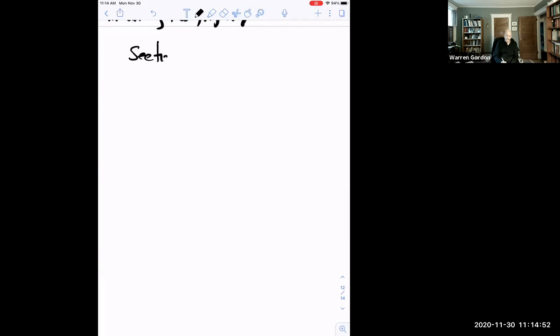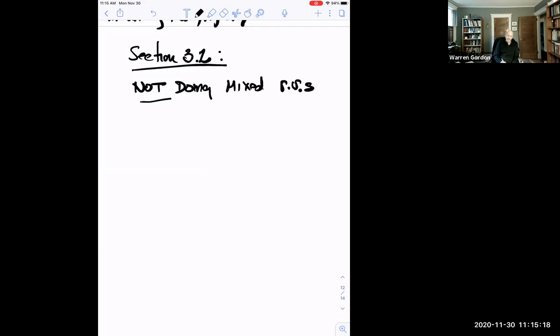Section 3.2. In section 3.2, I also talk about mixed random variables. I'm not going to do that in this course. That's really for a more advanced course. I'm not going to do mixed random variables because I don't have the time.